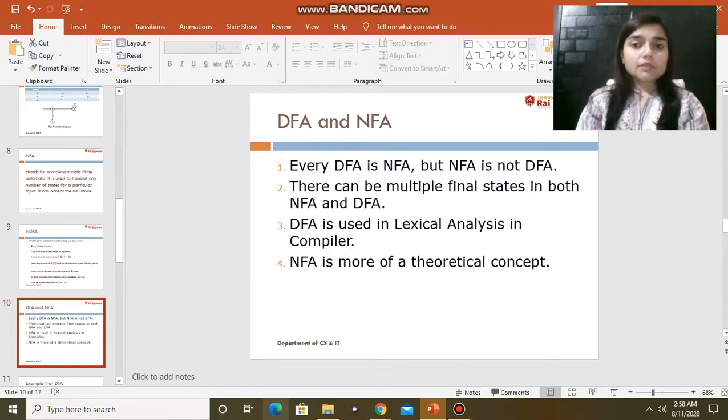There can be multiple final states in both NFA and DFA. We can have more than one final state in both cases. DFA is used in lexical analysis in the compiler, while NFA is more of a theoretical concept.